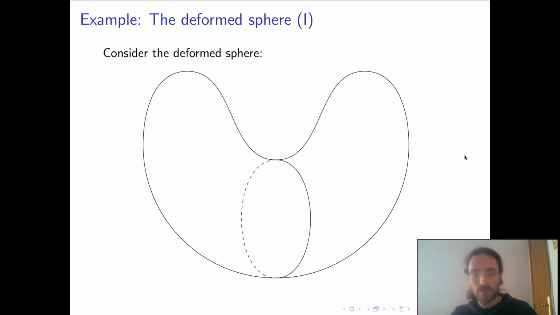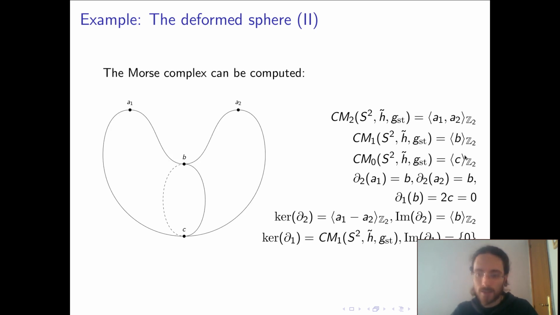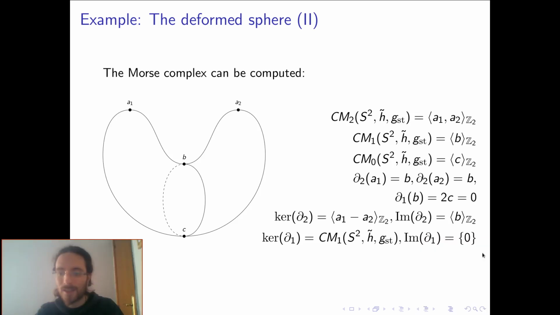So the solution of this exercise is here, which is a little bit long. Alright, I've called the critical points of index 2 A1 and A2. The critical point of index 1 is B, and the critical point of index 0 is C. So the first thing is to compute the Morse groups only, and they are these 3 expressions.